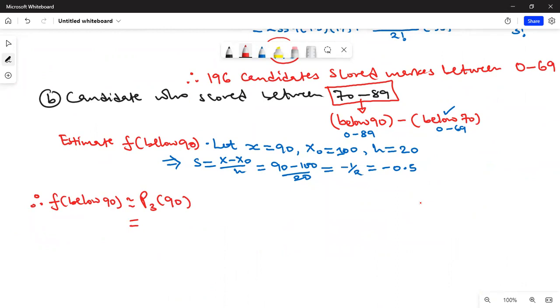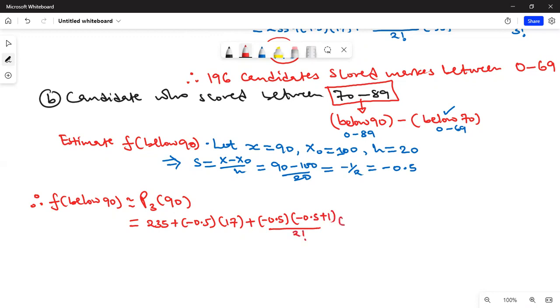now, it is f naught, which is 235, plus negative 0.5, delta f naught is 17, plus negative 0.5, negative 0.5 plus 1 over 2 factorial.